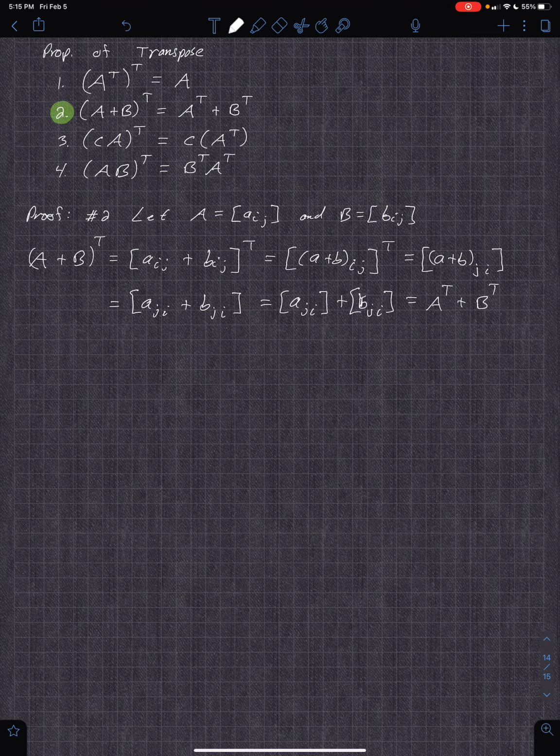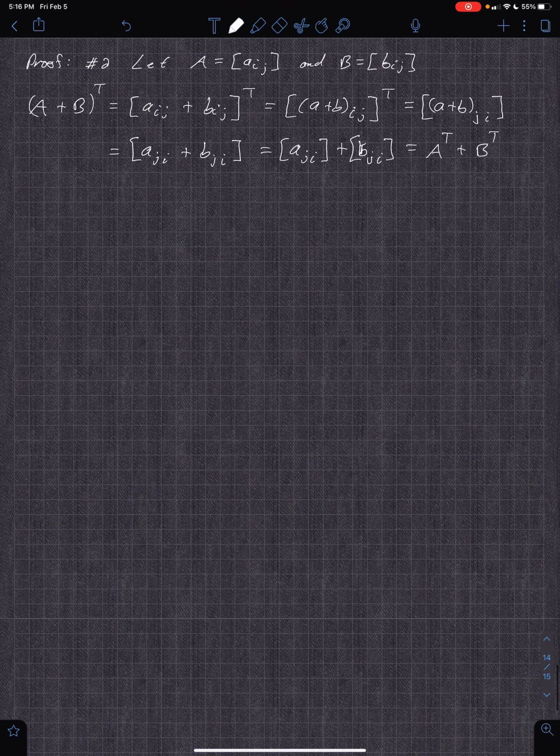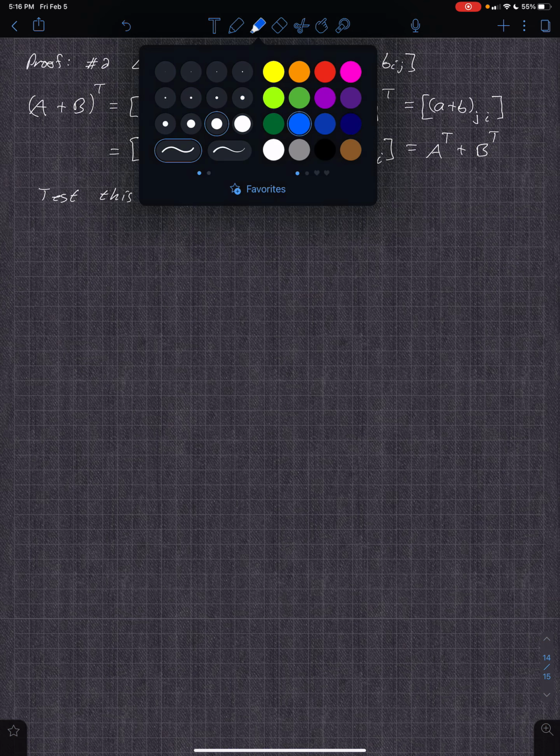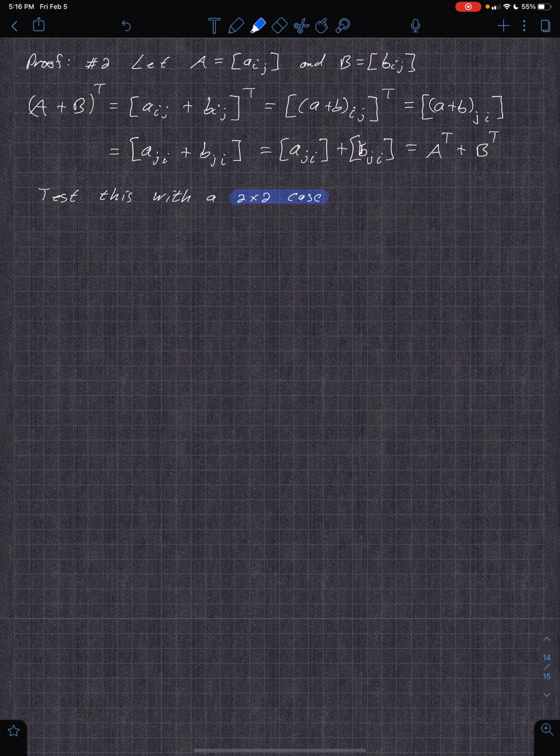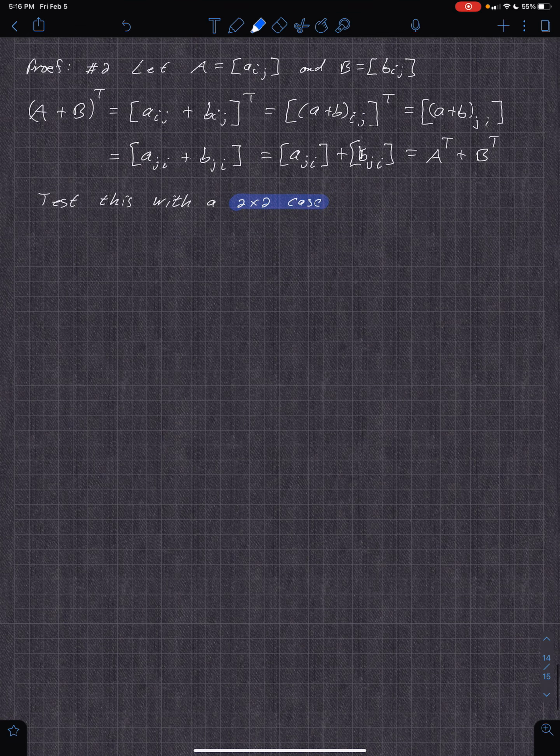Okay, so what I suggest you do to test this is test this with a 2x2 case. So set this up like this. Do a 2x2 case with arbitrary numbers.